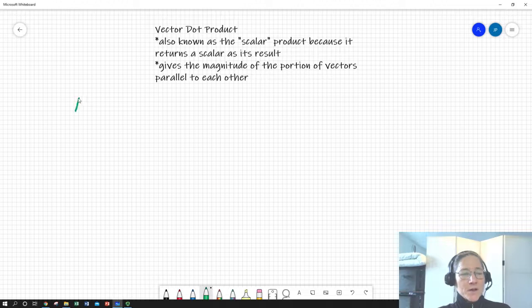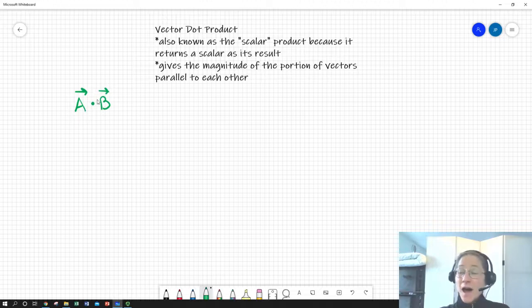So we're going to start with definitions. If I've got two vectors, A and B, and I multiply them together with the dot product, otherwise known as dotting them together, to designate that you use a physical dot. Don't use a little star like you would for scalar multiplication, like the asterisk on your keyboard, and don't use a cross because that's the cross product and it's a very different operation.